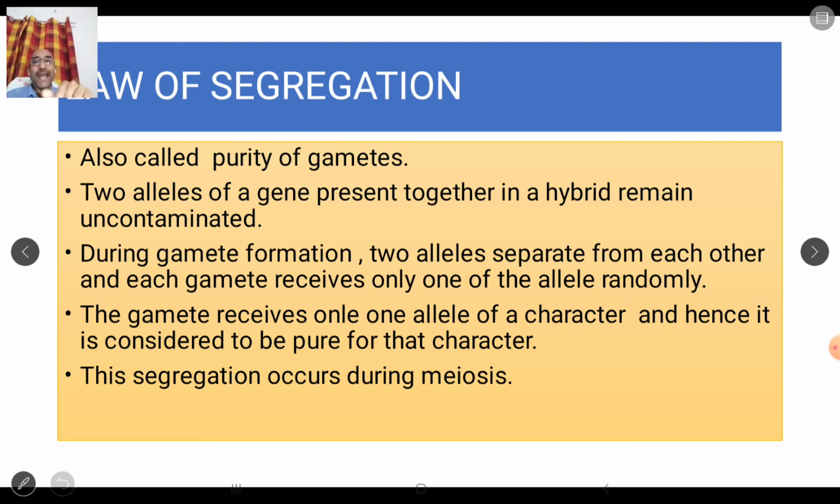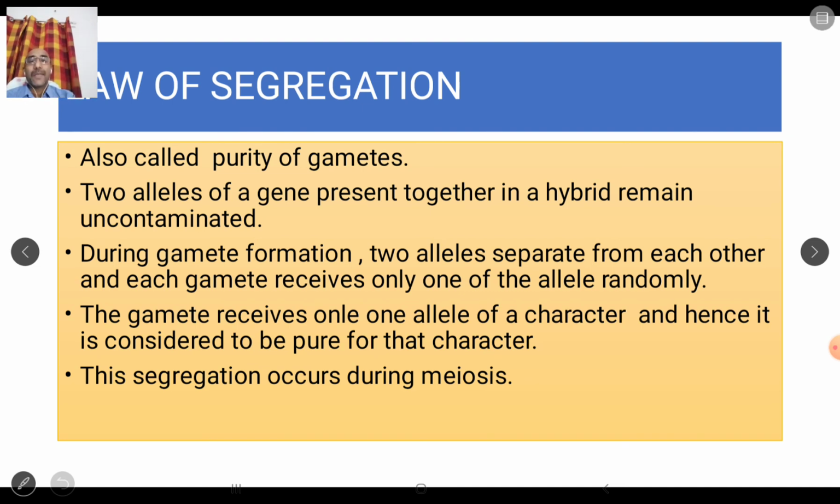Now, when gametes are formed from the individual, the two alleles separate from each other and pass into the gametes individually. So each gamete receives a single allele and it is pure for that character.